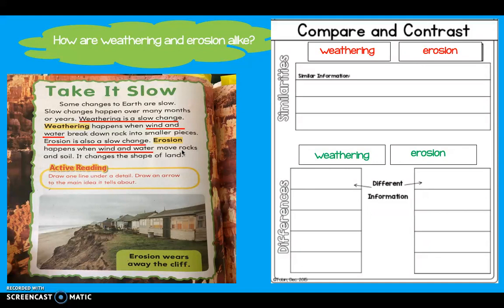They both use wind and water. Did you say that as well? If you did, you're a rock star. So now I'm going to place that in my organizer. Both are a slow change that came right from the text where I underlined it, and they both use wind and water. So those are two ways that weathering and erosion are alike.